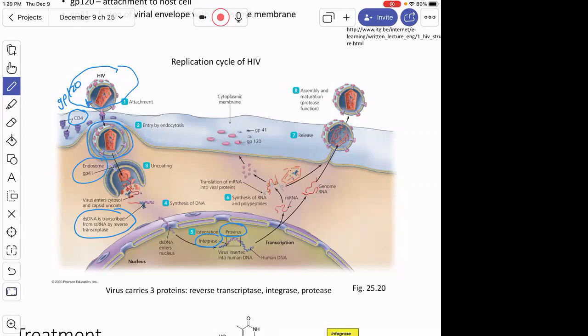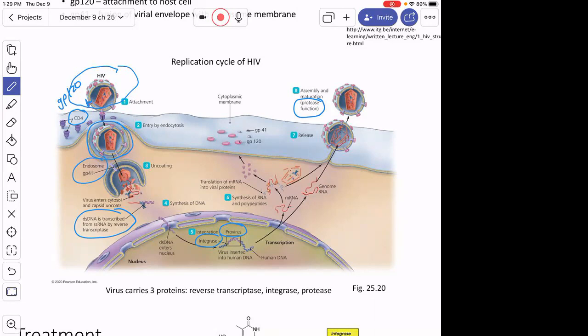All right, so it integrates into the host chromosome. It can transcribe back into messenger RNA and translate that into the virion, assemble it, release. At some point, that protease works. And I looked this up a while ago, and I think your book makes it sound like it happens once it comes out of the host cell.